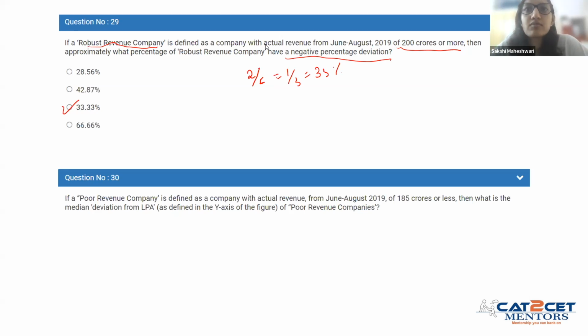But if you want to go beyond 99 percentile, then you would have to solve a couple of more questions. That's for an average paper across the years, I'm telling you.